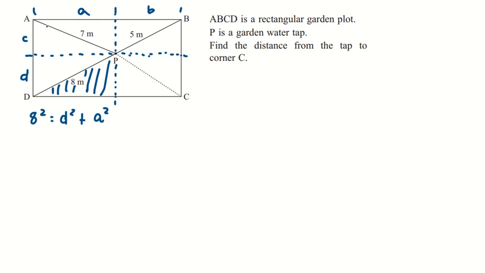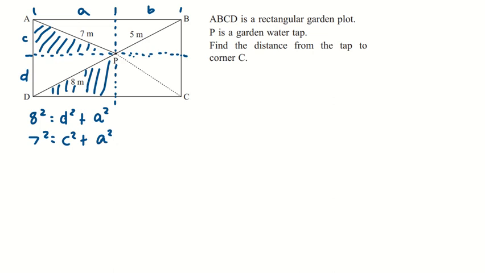Another triangle, take this triangle here, and it has a hypotenuse of 7, so 7 squared equals c squared plus this is also a squared.